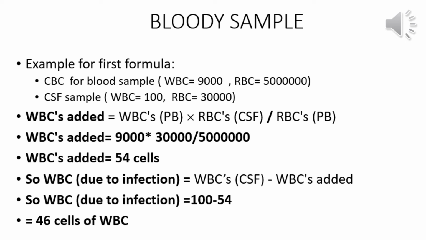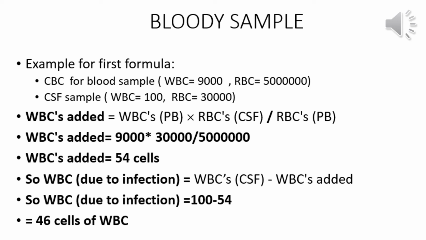White BC added equals 9,000 multiplied by 30,000 divided by 5 million. So you have the number of white BC added to the CSF sample. So the number of white BC that come from peripheral blood is 54 cells that enter the CSF and mix with the white BC that are present due to infection.